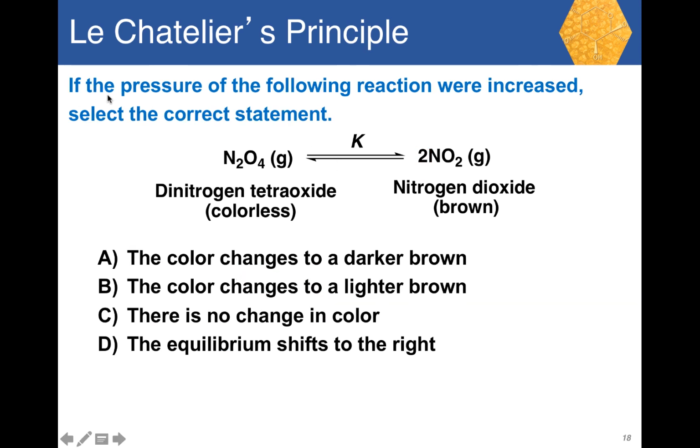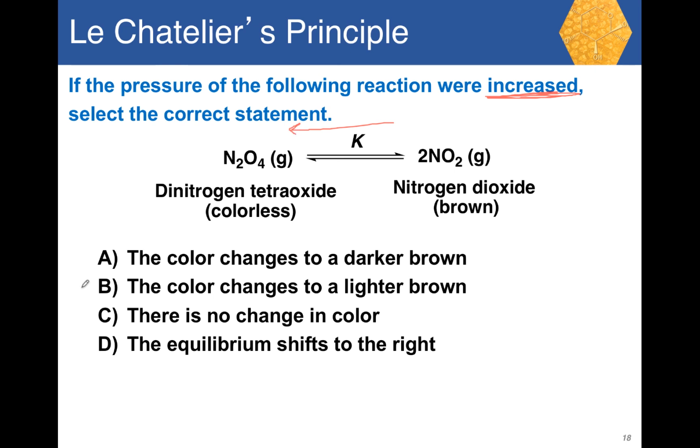If the pressure of the following reaction were increased, select the correct statement. Notice here, increased. I'm underlining increased here. So let's reflect on what Le Chatelier said. If you increase the pressure, it goes towards fewer molecules. So if you should increase the pressure, you would expect it to go in this direction.